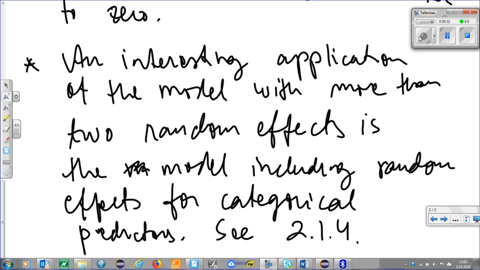An interesting application of the model with more than two random effects is the model that includes random effects for category predictors.